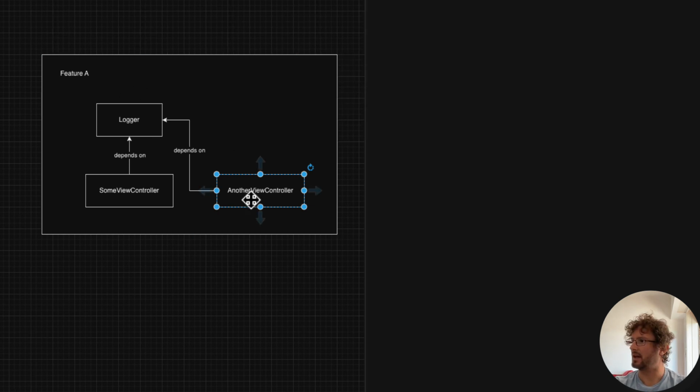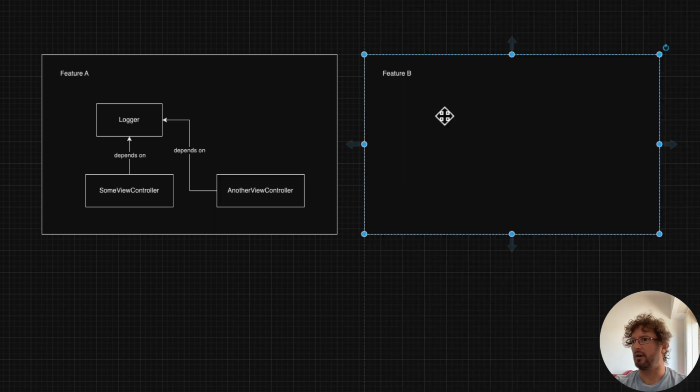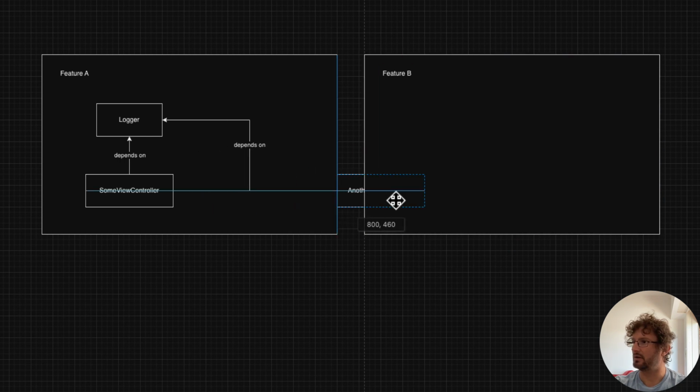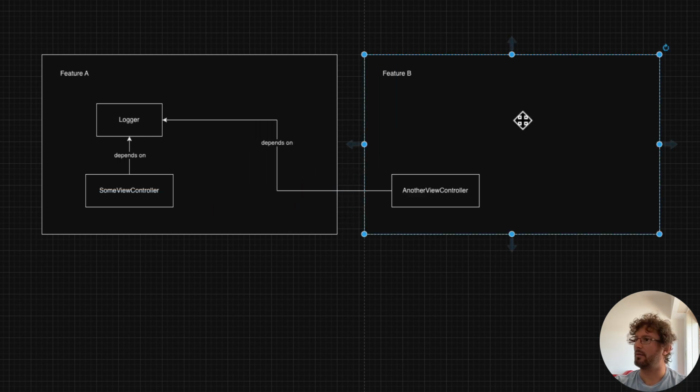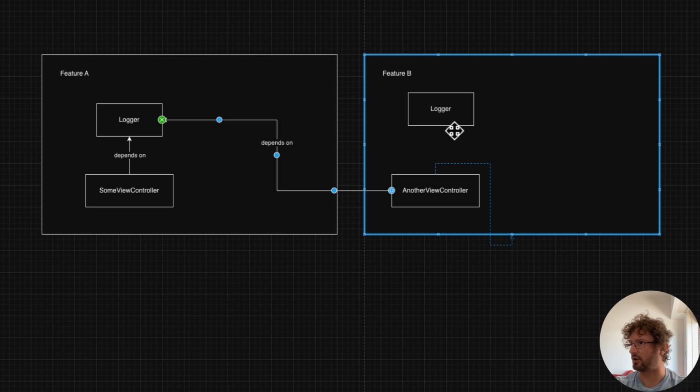But imagine that this second view controller actually belongs to another feature, feature B. Now, if we wanted to move our second view controller to feature B, we have this issue. Either we make the module with feature B depend on the module with feature A, because the second view controller depends on our logger, or we could duplicate our logger, and now our second view controller doesn't depend on feature A anymore.